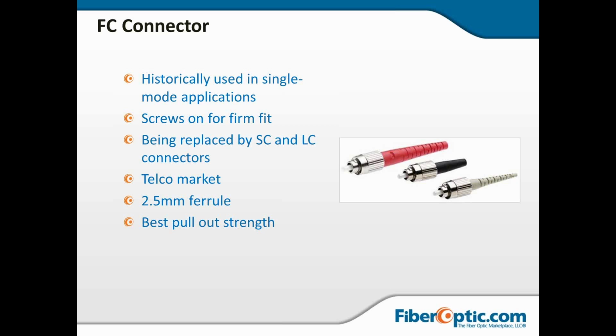So I really like SC and LC connectors for that reason. So telco market, 2.5 millimeter ferrule, and it does have the best pull-out strength for the connector itself because of that threaded, screwed down tight connection.